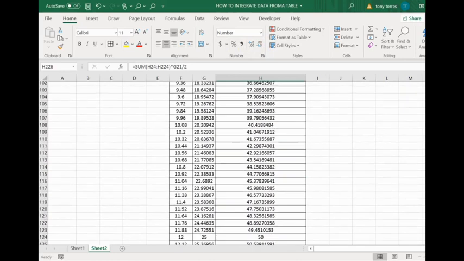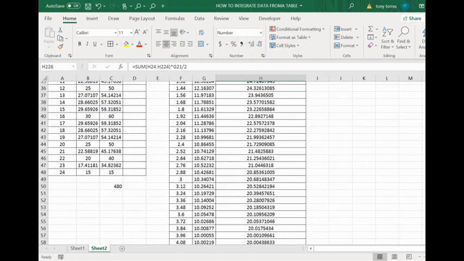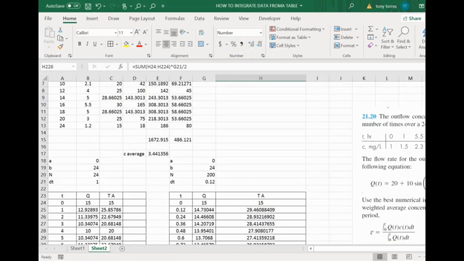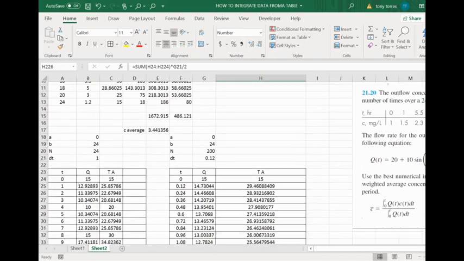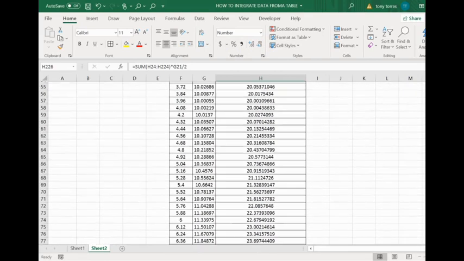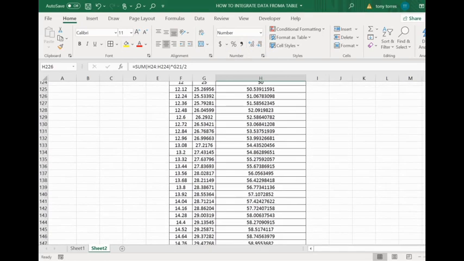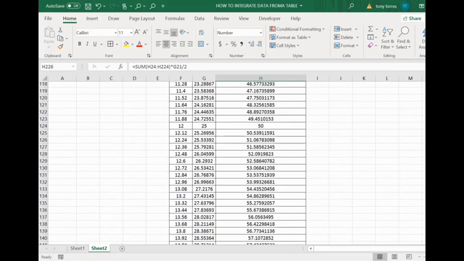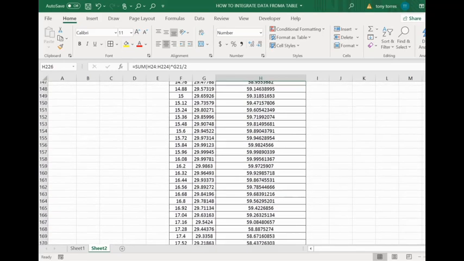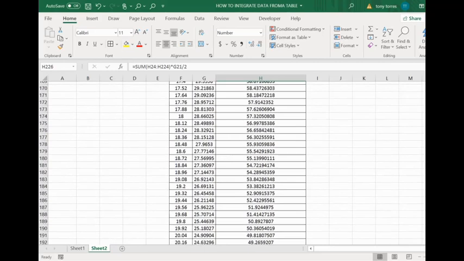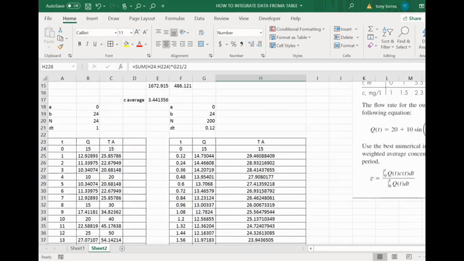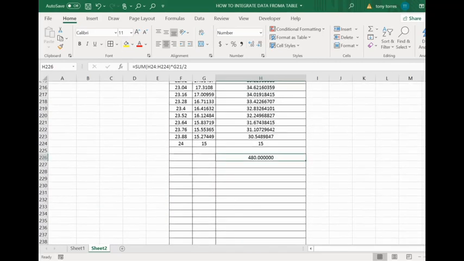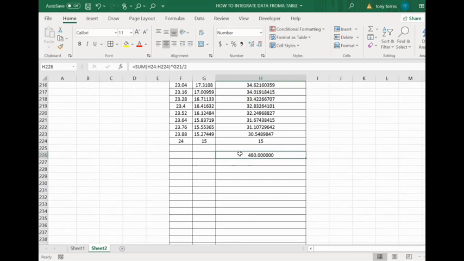Let's see. I hit the 480 with n equal 24, but there was no improvement going to n equal 200. No improvement at all. So what that tells us is it seems like the analytical value is about 480.